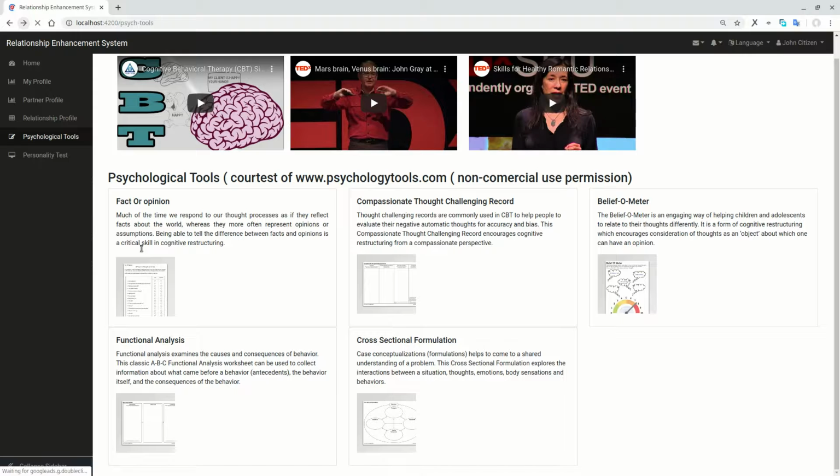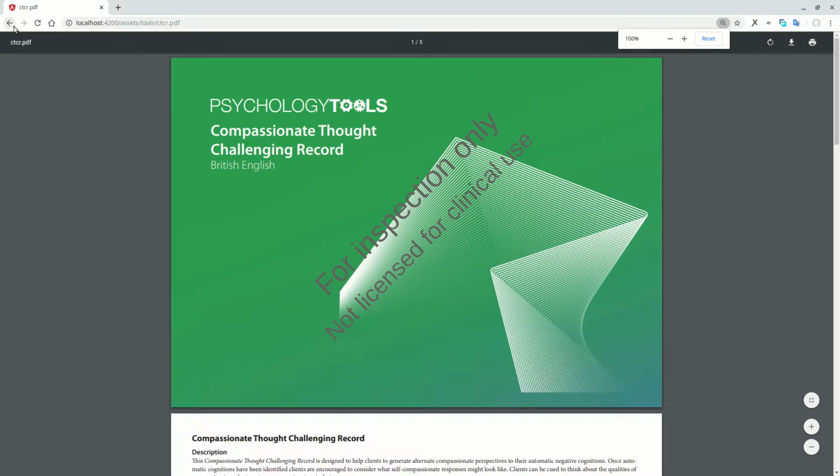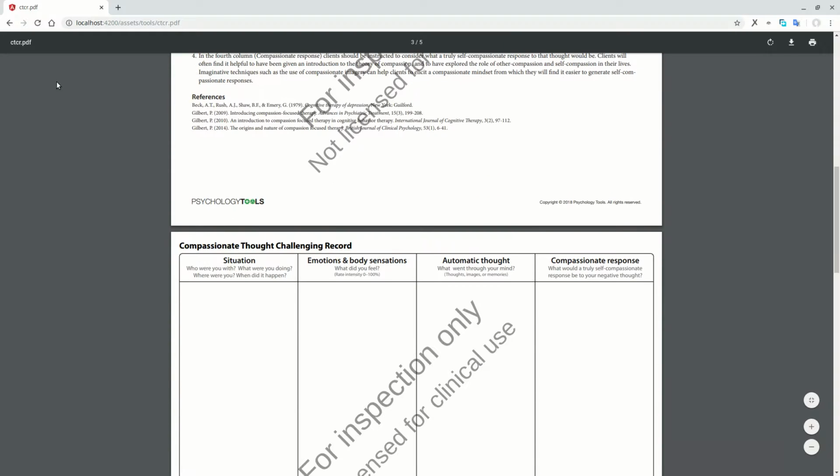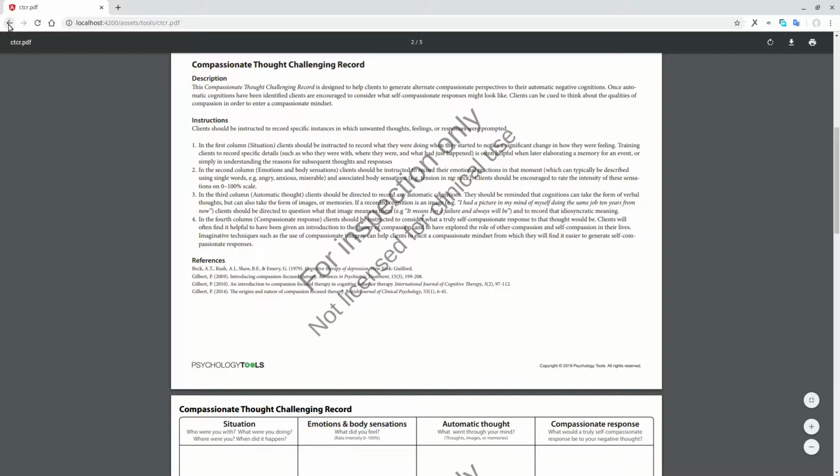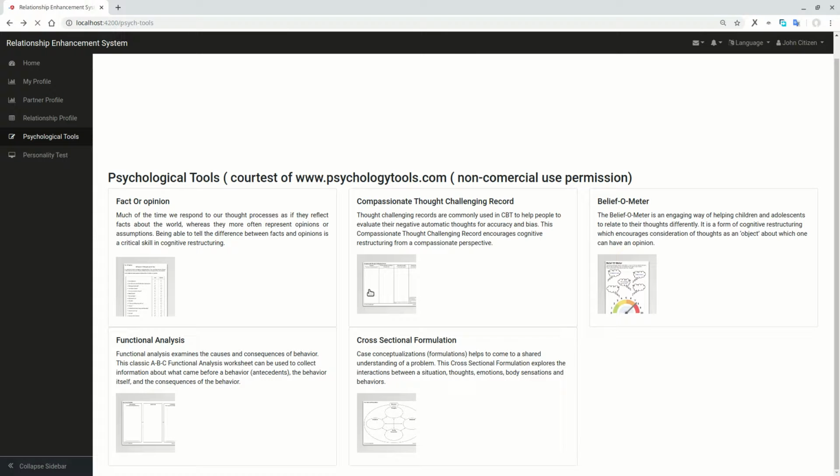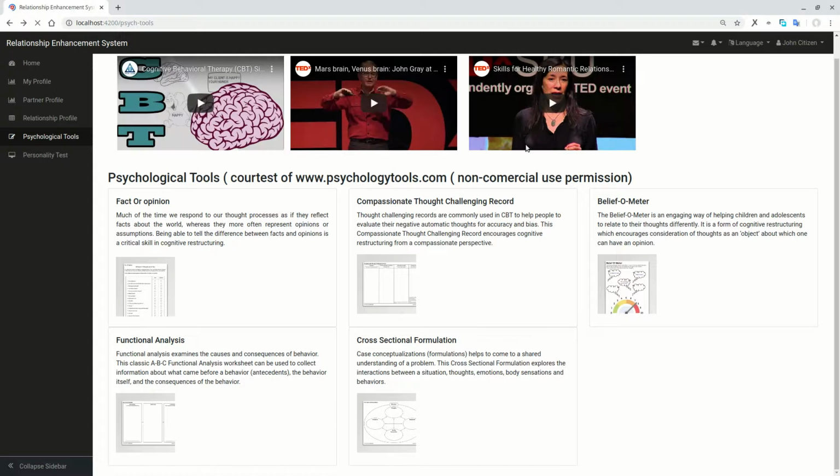Then we have different types of psychological worksheets and exercises. You are supposed to do these exercises and read this educational material over time.